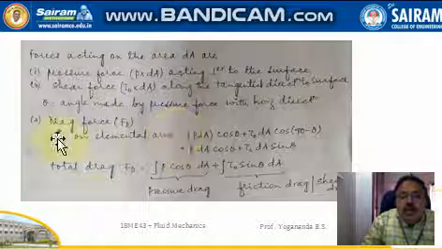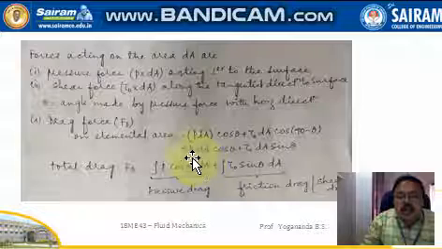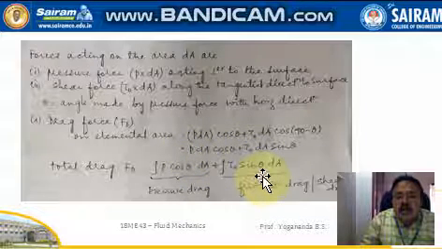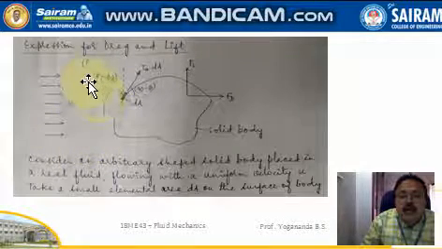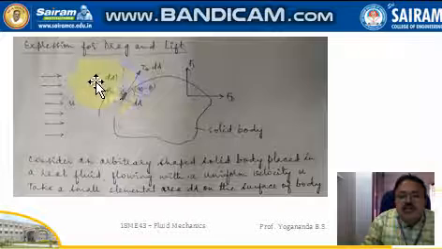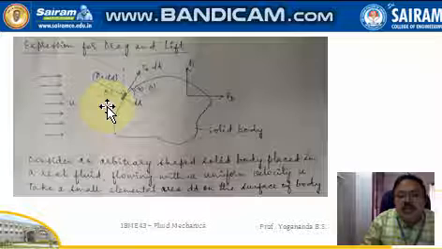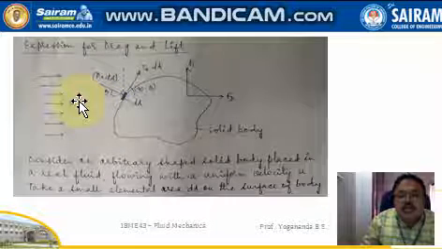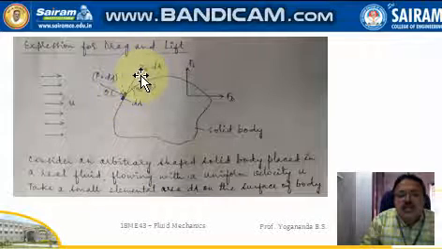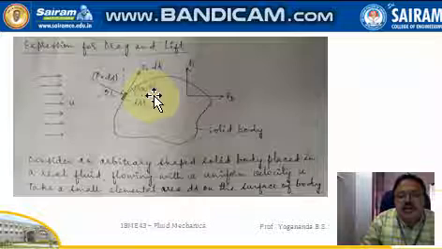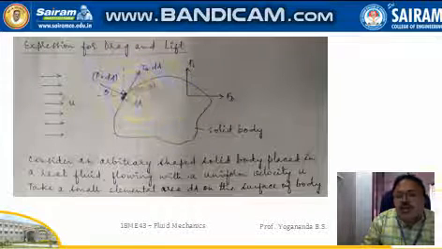Now, the drag force expression. On the elemental area, we have the summation of the two forces. The horizontal component of this P dA is going from left to right, so it has a positive sign. The tangential force, that is the shear force, if split into its horizontal and vertical components, also has its horizontal component going from left to right.